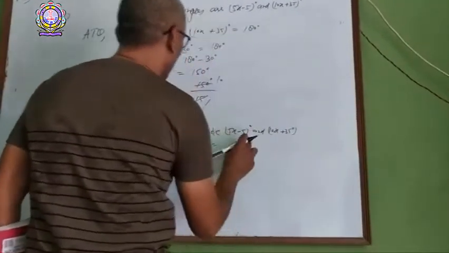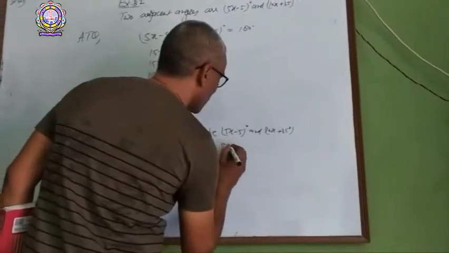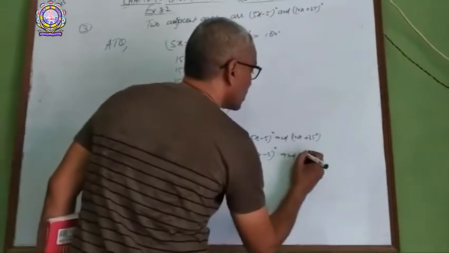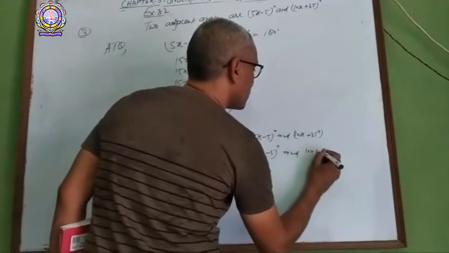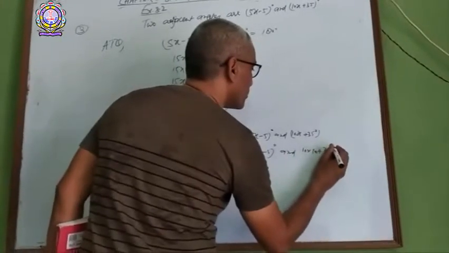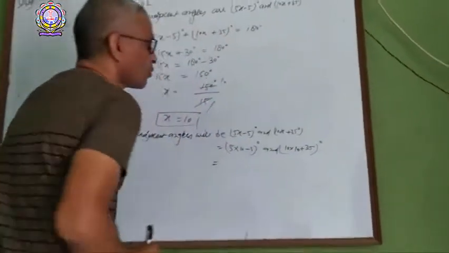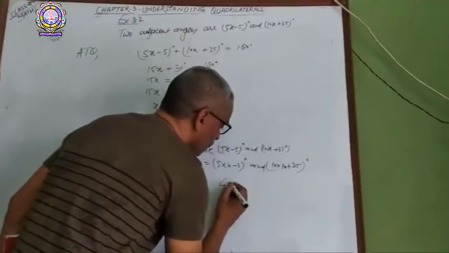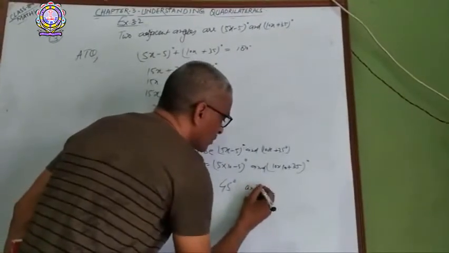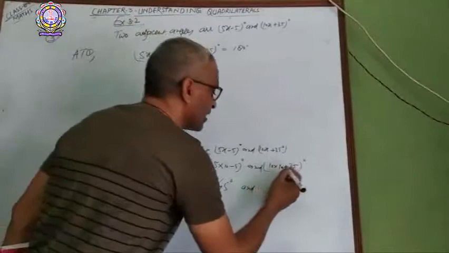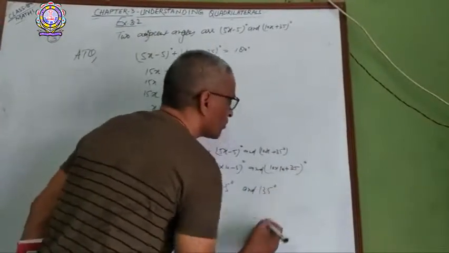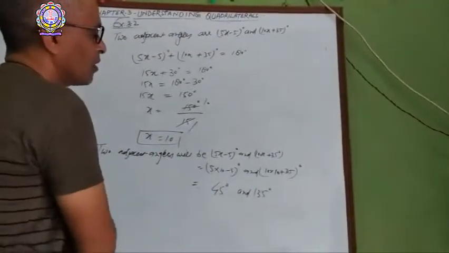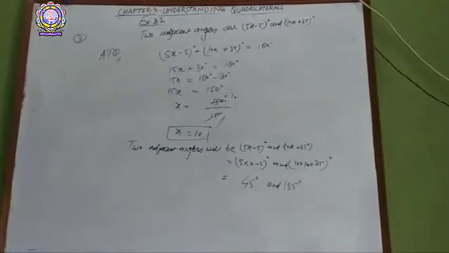Put the value of x here and calculate 5 into 10 minus 5 degree and 10 into 10 plus 35 degree. This will be equal to 5 tens are 50, and minus 5 is 45 degree. One angle must be equal to 45 degree and 10 tens are 100, or 135. 45 and 135 will be the two adjacent angles.